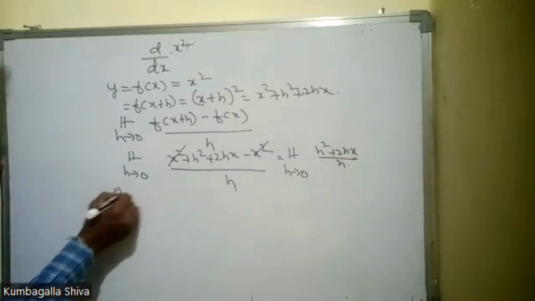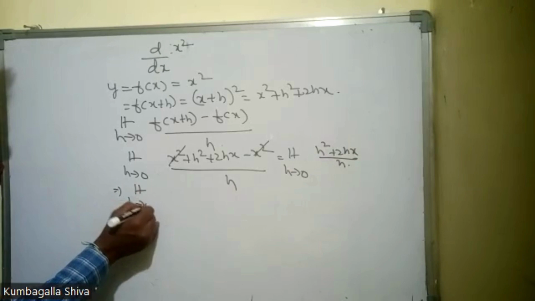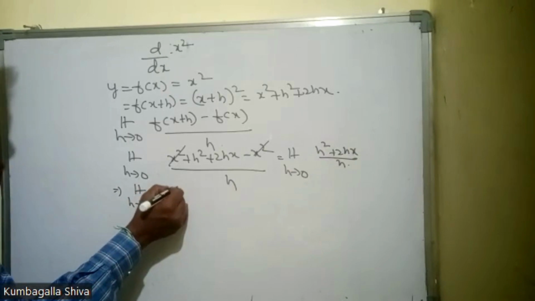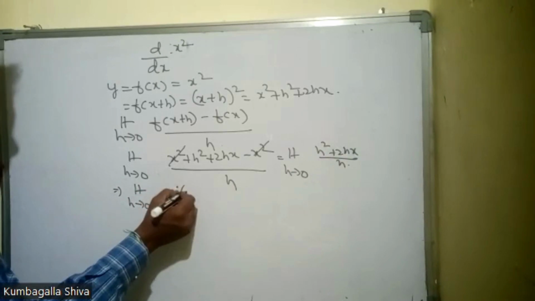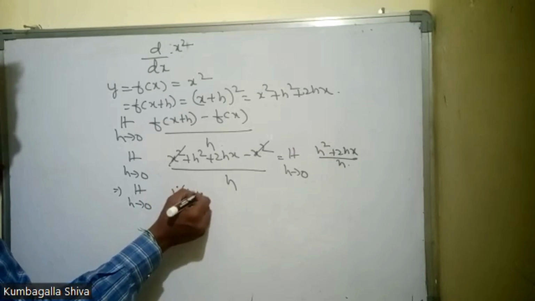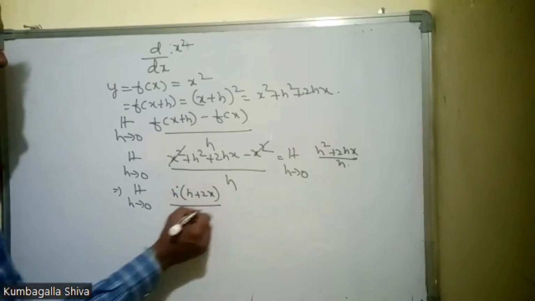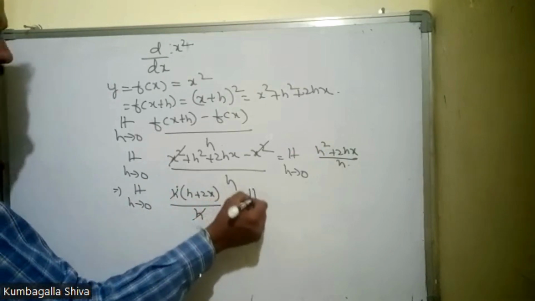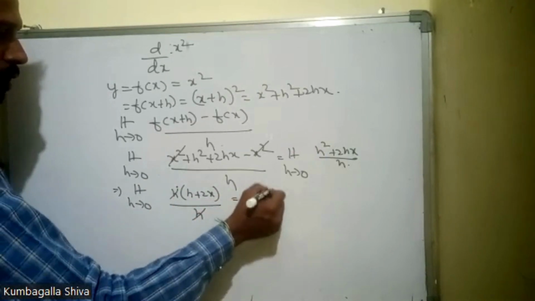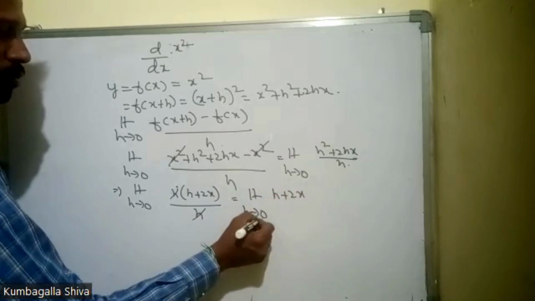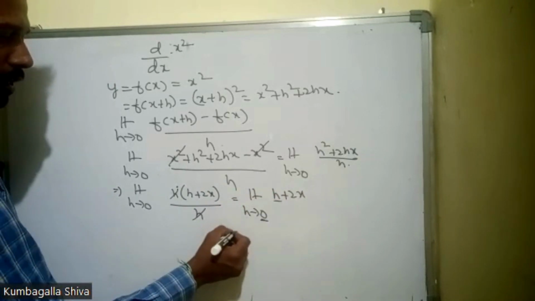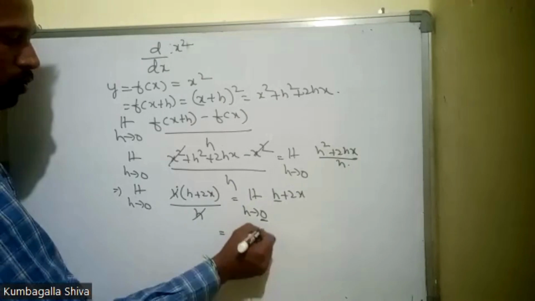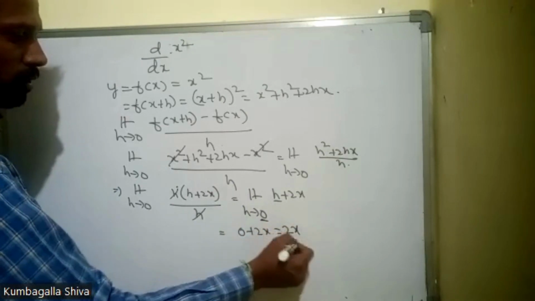So limit h tends to 0, I take h common, h plus 2x by h. H cancels. I get limit h tends to 0, h plus 2x. I substitute 0 in this value. I get 0 plus 2x. The answer is 2x. Are we clear?